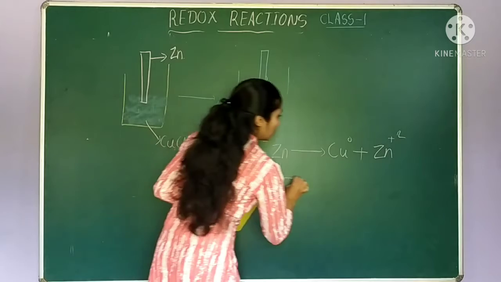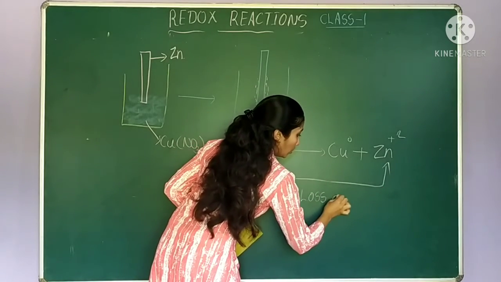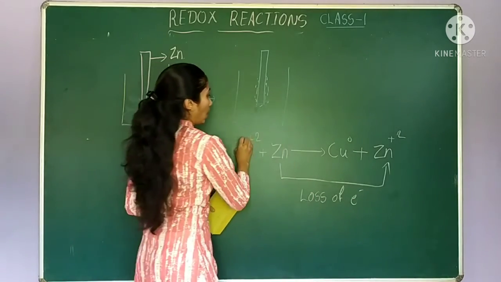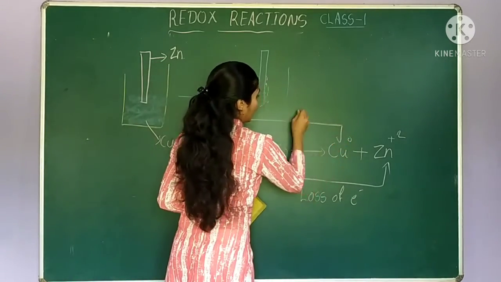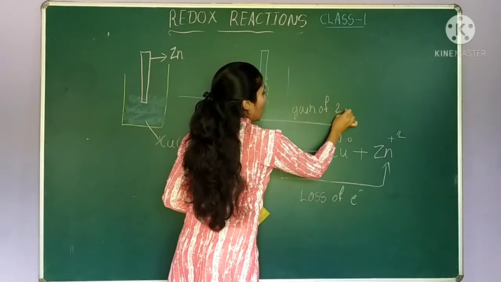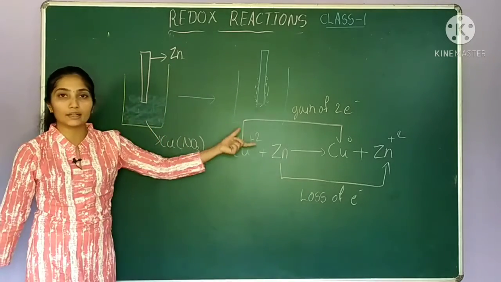Loss of electrons is taking place from zinc and copper is gaining 2 electrons. That means zinc is undergoing oxidation and copper is undergoing reduction.